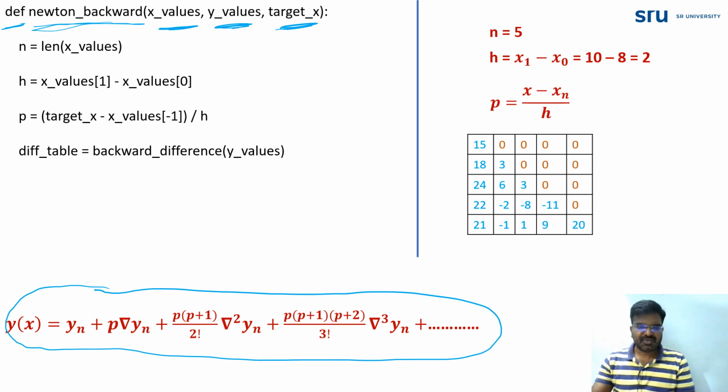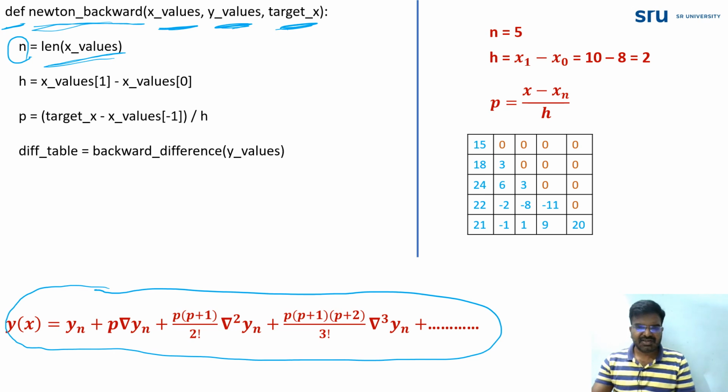First, I am finding the length of x values. Length of x values means the number of x values. We are saving the result with variable n. Next, I need the h value. In Newton's backward interpolation formula, I need h. What is h here?